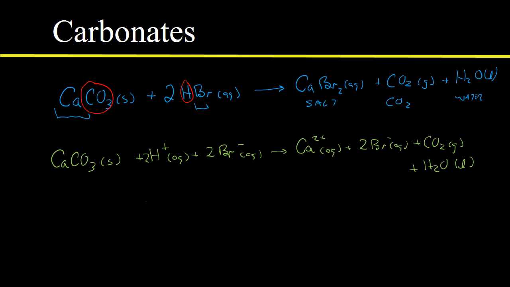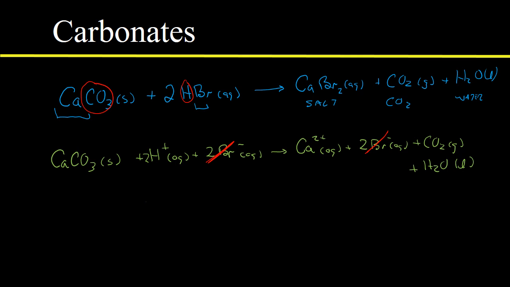All right, so this is our total ionic equation, and for the net ionic equation, we need to cancel out our spectators if we have any. It looks like bromide might be the only spectator in this particular reaction.